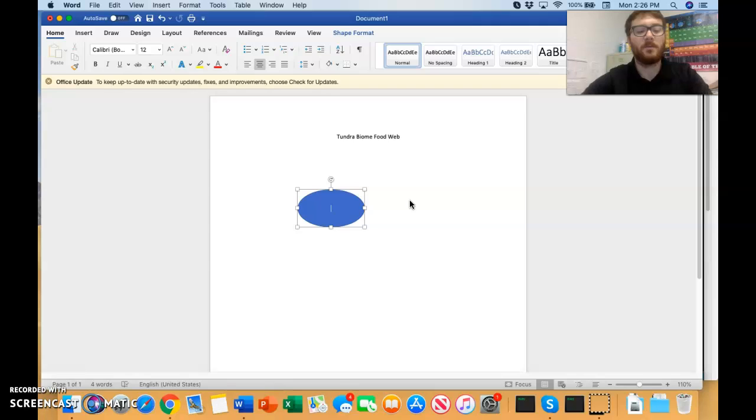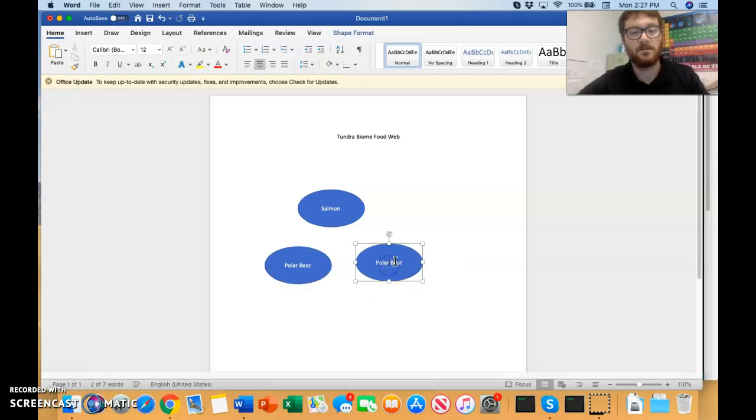But anyway, we're going to do maybe salmon is a part of the tundra biome, and you would also expect a polar bear, and you would also expect a seal, and one more you would also expect, let's say, krill, which is like a little shrimp.